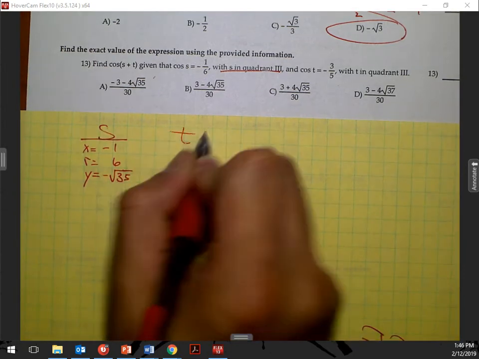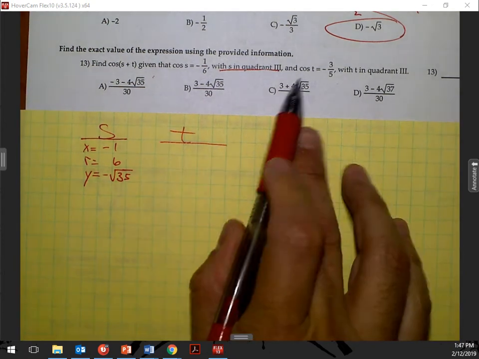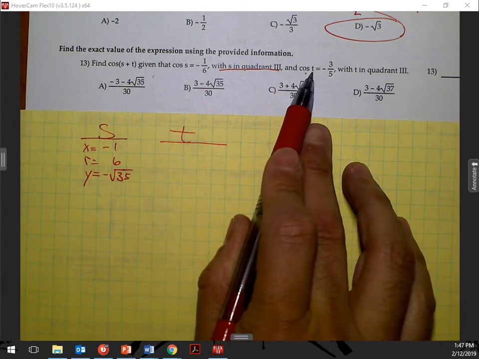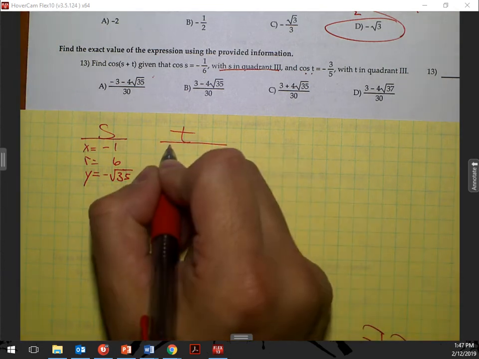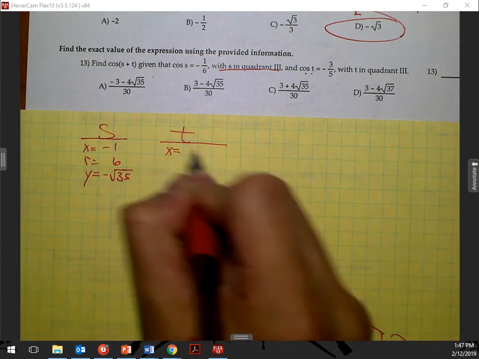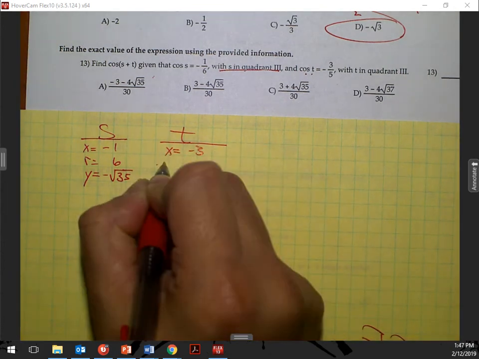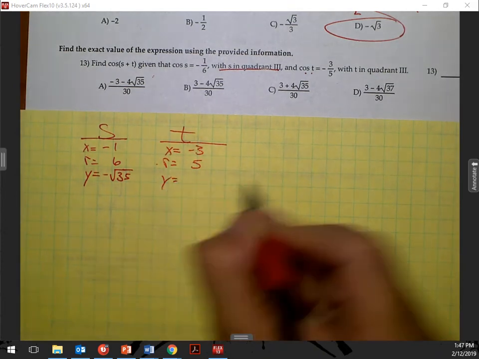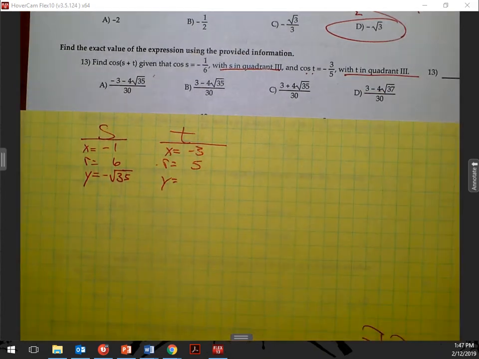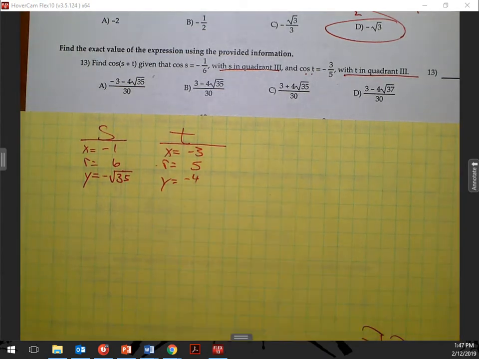So t. For the t, my cosine is what over what? X over r. So my x is, r is, y is negative 4.